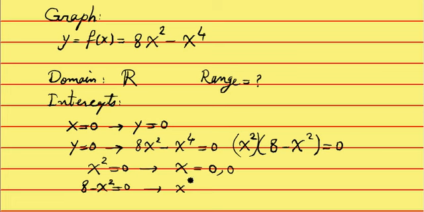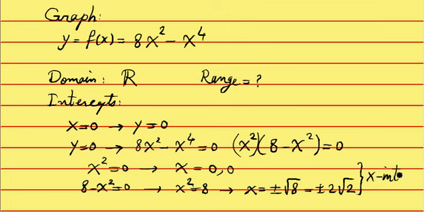That tells you x squared is equal to 8, which tells you x is equal to plus or minus square root of 8, or plus or minus 2 square root of 2. So what we have here is a set of x-intercepts. And here of course the y-intercept happens to be the same as the x-intercept.